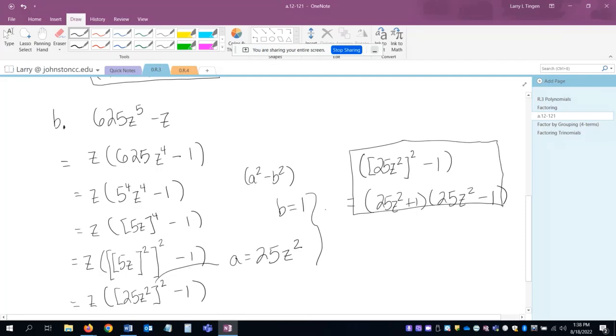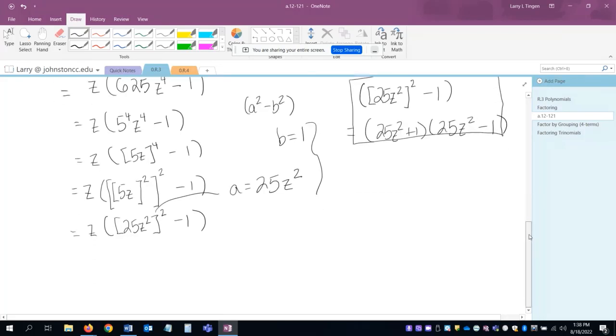So that means my final answer for this question is what? Well, there's a z out front. I have 25z squared plus 1 times 25z squared minus 1.